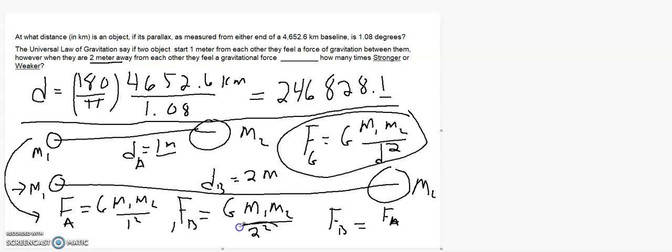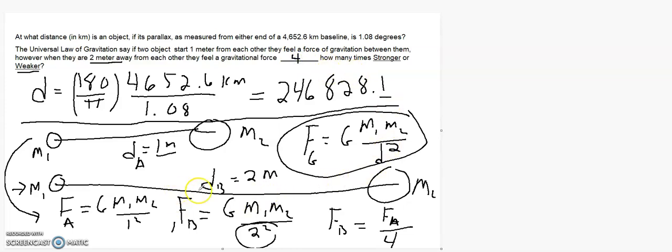Now it's divided by 4, right? So force B is now 4 times less. So look, since it's 2 meters apart, it is 4 times weaker, right? That would be the answer, 4 times. So you'd put a 4 right here, 4 times weaker.